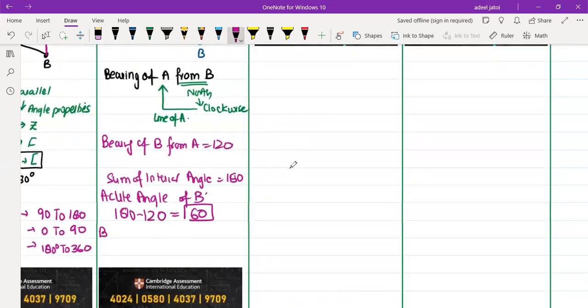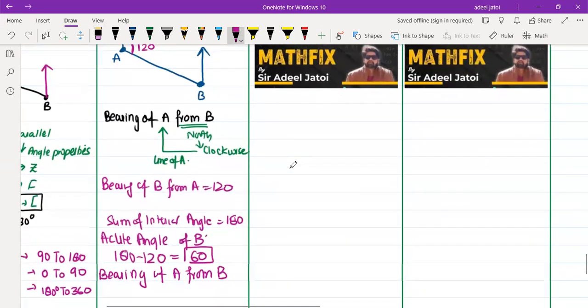But to find out bearing of A from B, again, bearing of A from B, not to the line of A. So if this is 60, this should be 360 minus 60. So we'll get 300.